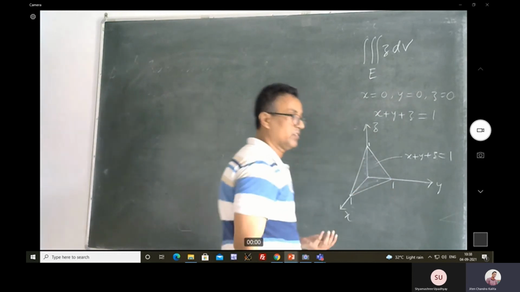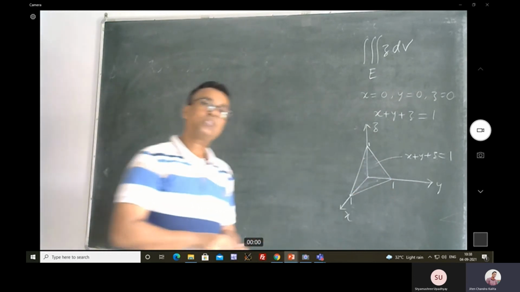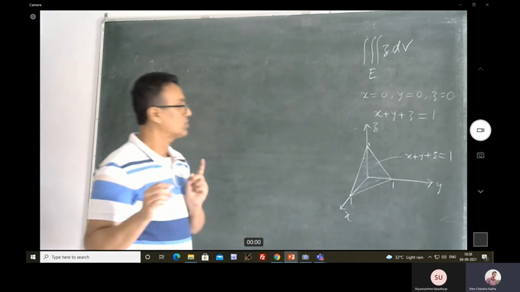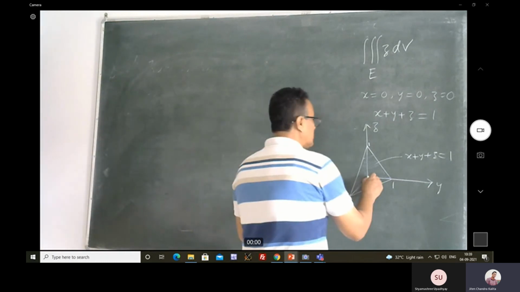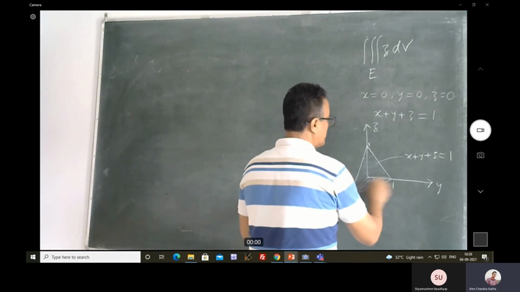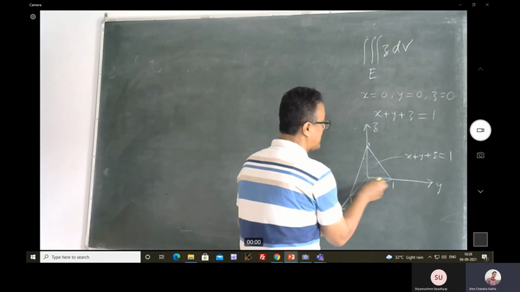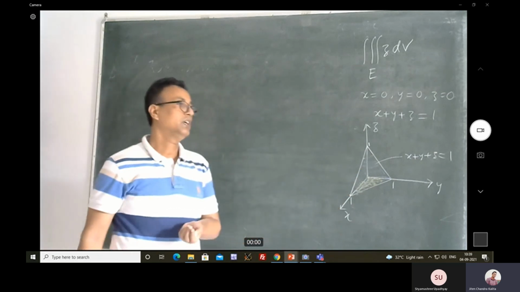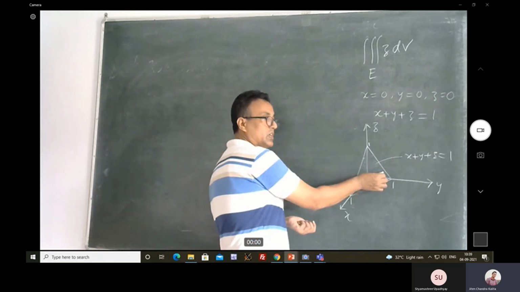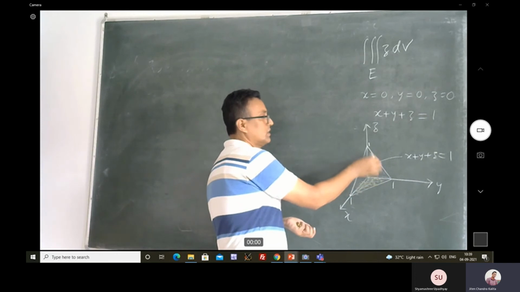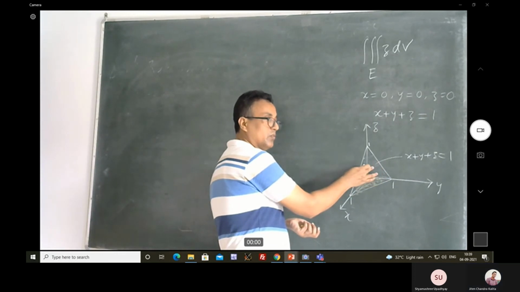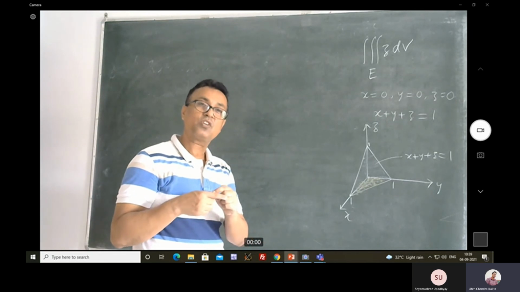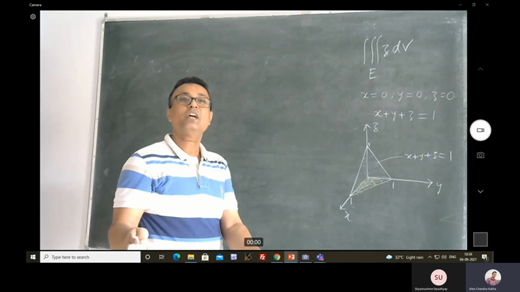If I want to consider it as a type 1 region, another thing I forgot to tell you is that the region D, which we consider on the XY plane, is nothing but the projection of the surfaces which bound z. Since z will be bounded by two surfaces, D is the projection of those two surfaces over the XY plane.